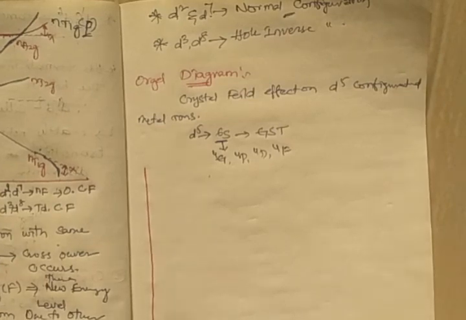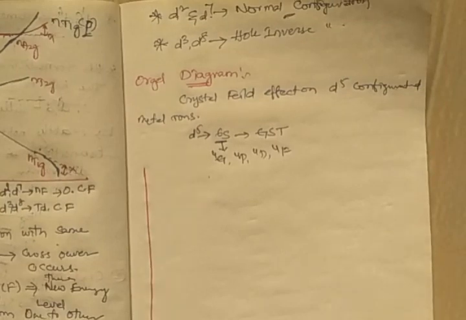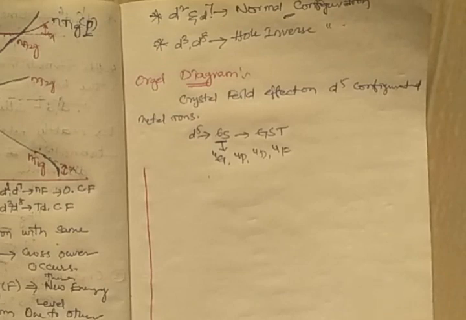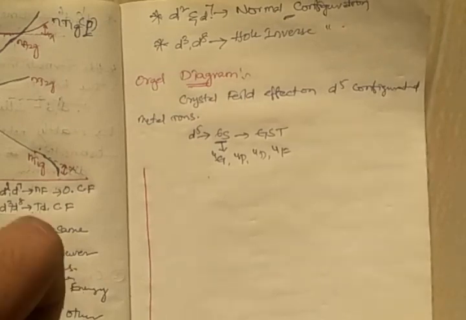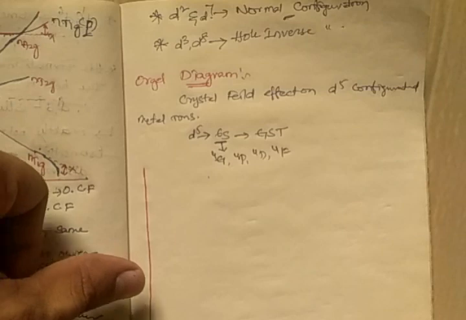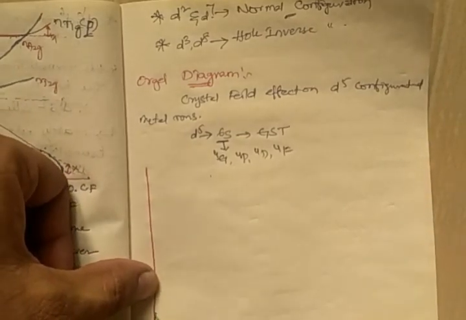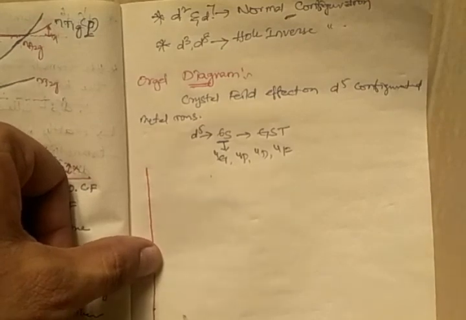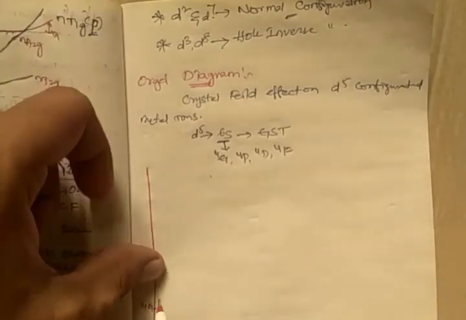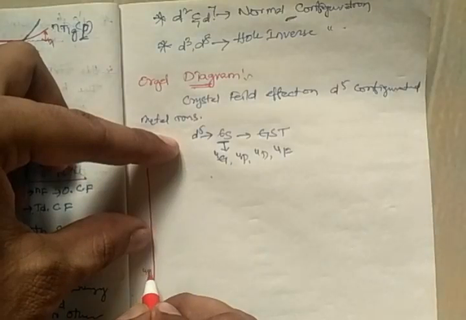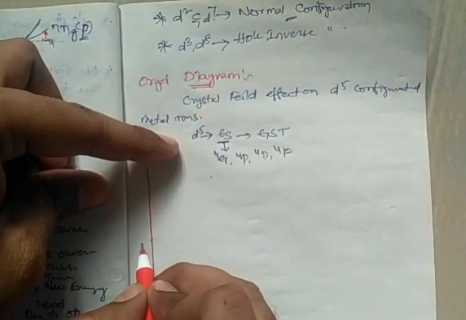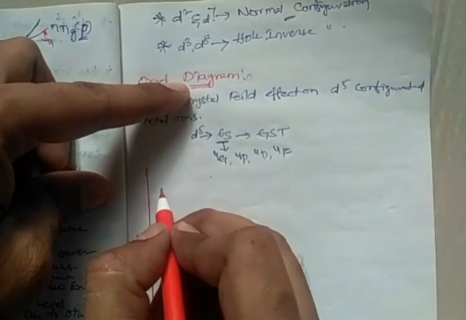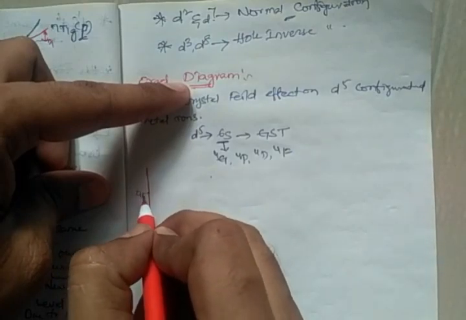The energy scale of 6S will have a horizontal line, and the newly generated energy level will be written as 6A1g. Thereafter we have the next higher energy levels, 4G, followed by 4P, then 4D, followed by 4F.